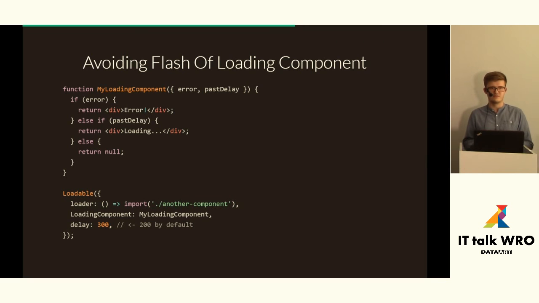So it's better to render nothing, even if it's loaded in less than 200 milliseconds. And this case is covered in this library as well. We have an optional parameter pastDelay, and we can render an error if the error occurred. We can render a spinner if pastDelay is true, so if the component is loading for more than 200 milliseconds. Otherwise, if it's loading in less than 200 milliseconds, render nothing. It's better for user experience.